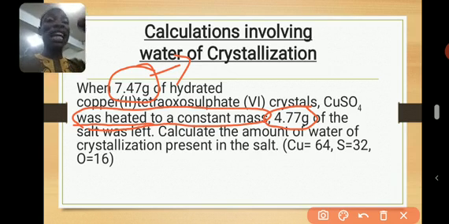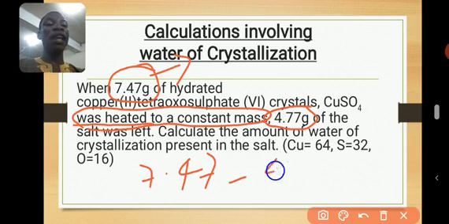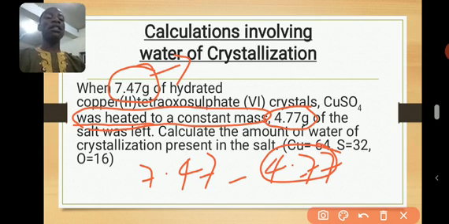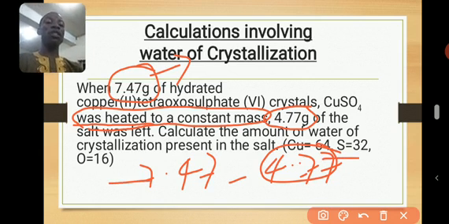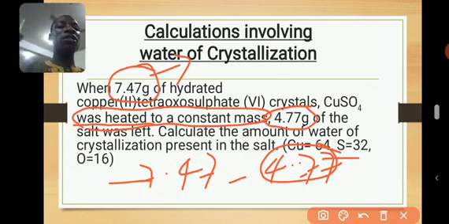Definitely it will be 7.47, that was the salt together with water, minus 4.77, the salt without water. If you want to know the amount of water that has been driven off, subtract this from this, and you will get your answer. That will give you the mass of water molecules that has been driven off.